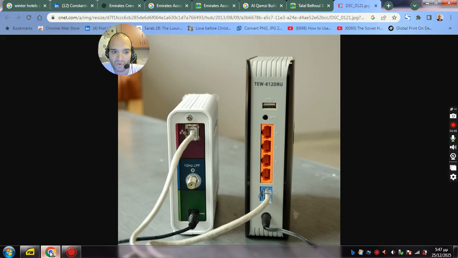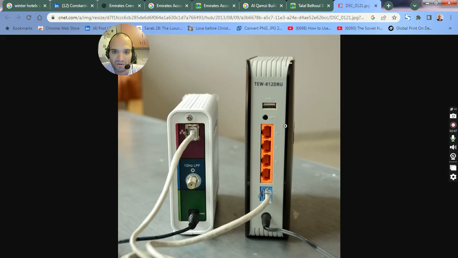That's correct. As we see here, you just need to connect your computer by using an Ethernet cable in the particular Ethernet modem and router, in the particular Ethernet cable sockets.